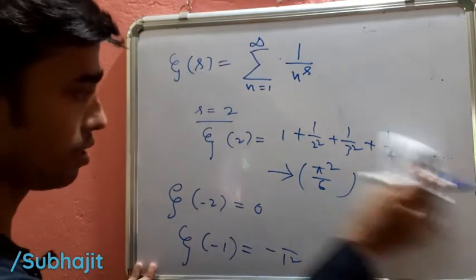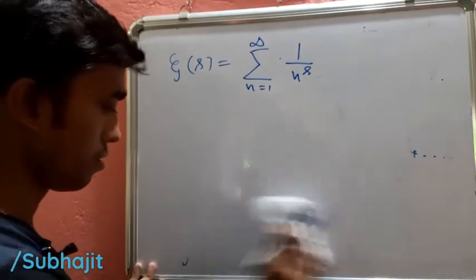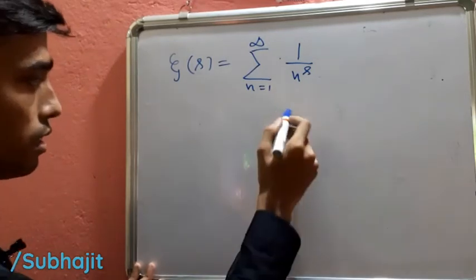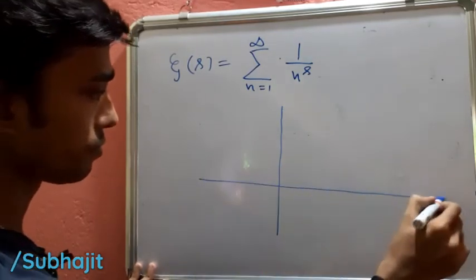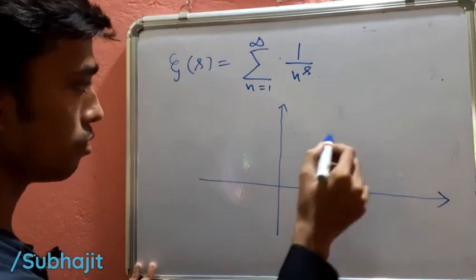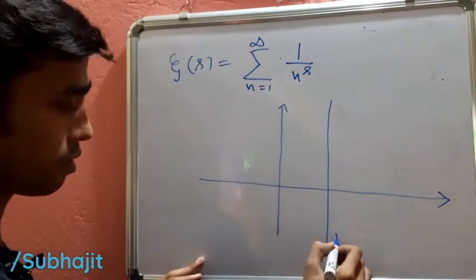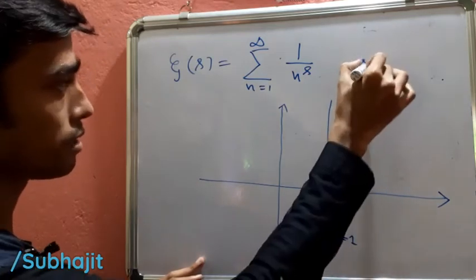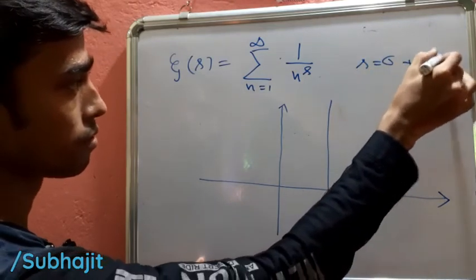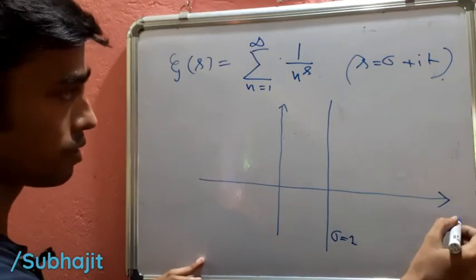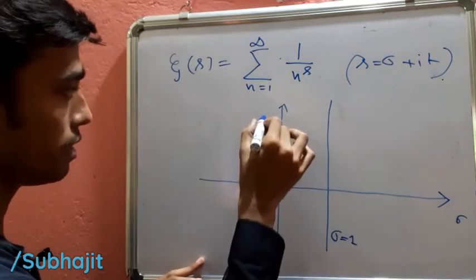So let me show what this is. Let's put the complex number field. There is a very beautiful thing: this line is sigma equals 1. Remember that S equals sigma plus it, so there it is sigma, and there it is t.